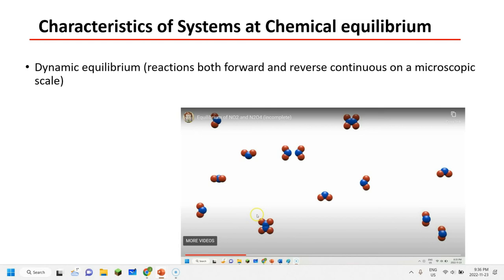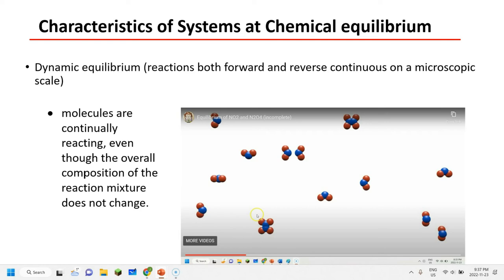Also, another feature of a system that is at equilibrium is the fact that it's a dynamic process. What this means is both the forward and reverse reactions are occurring at the same time. And they're constantly occurring, but they're occurring such that the concentrations of all of the entities do not change.